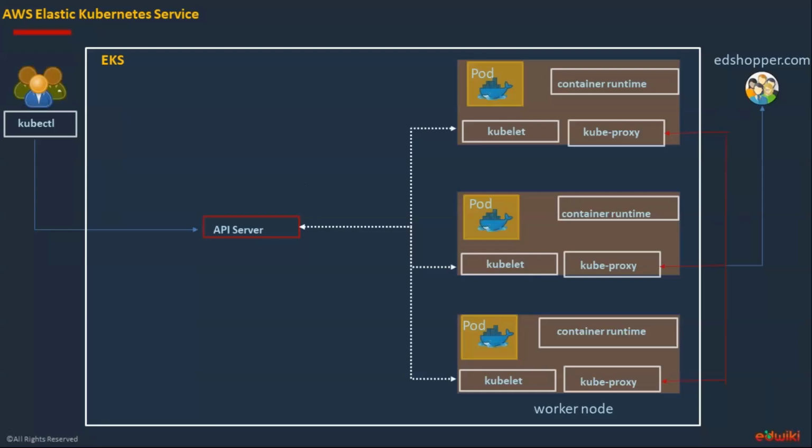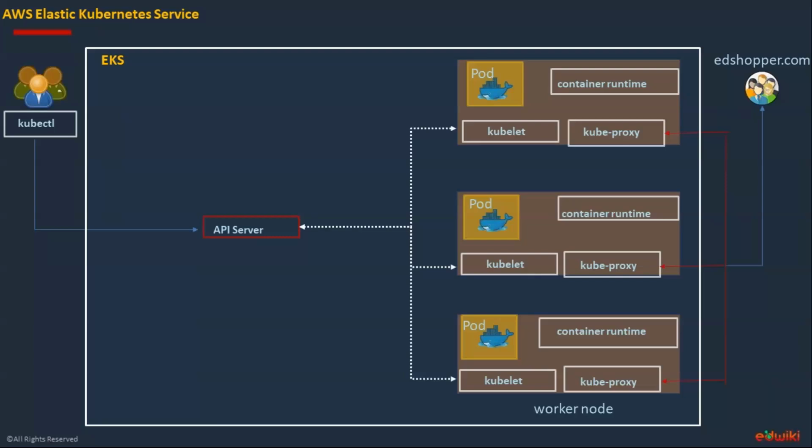Now, even for unmanaged, either it is EKS with EC2 unmanaged, or EKS with EC2 managed, whatever the mode, the control plane is completely taken care of by AWS for you. You are not worrying about the control plane at all.